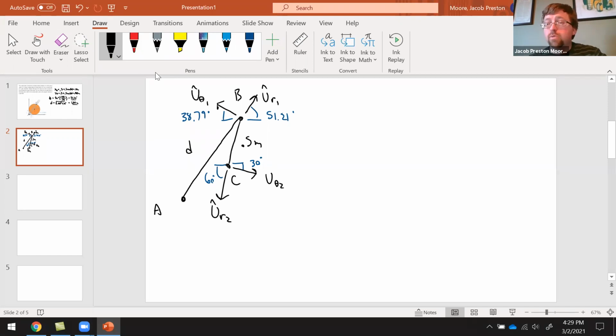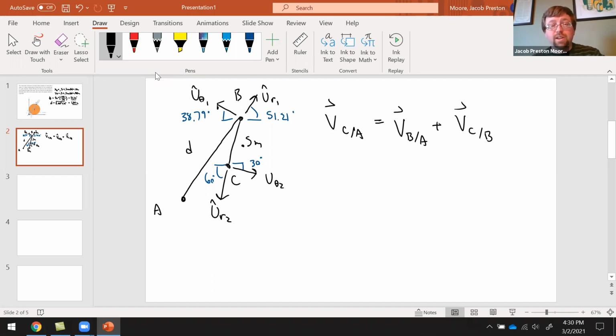All right, so the velocity of point C with respect to A is going to be equal to the velocity of point B with respect to A plus the velocity of point C with respect to B. This is the same starting equation I use for most things. Velocity of C with respect to A is actually going to be equal to 0 because point C doesn't move.